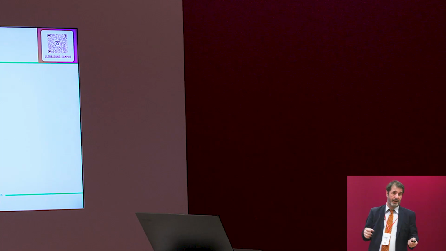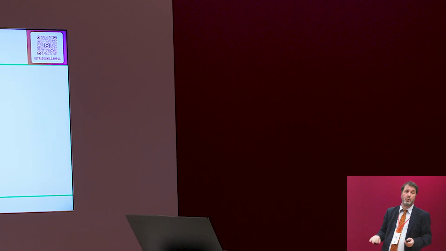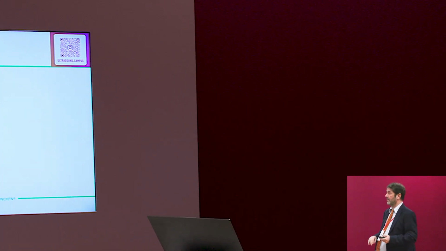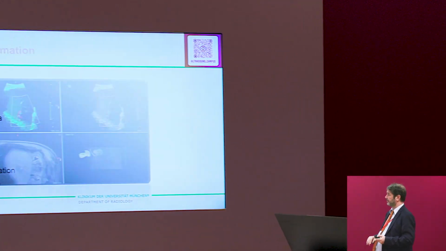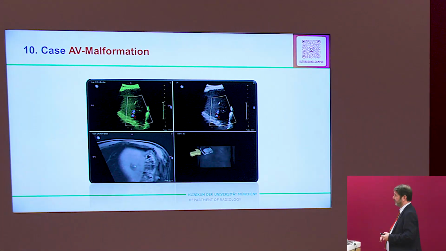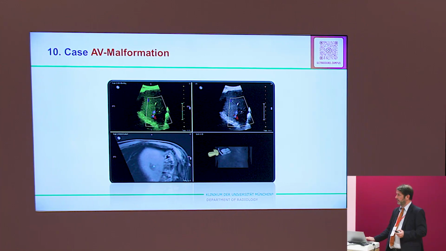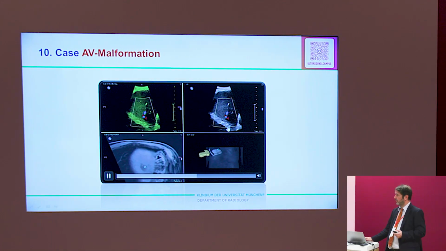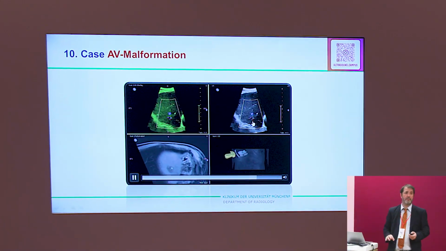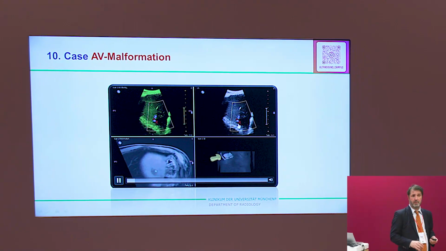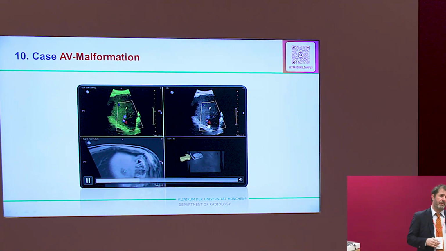But with this help, we can say no cancer, it was just a malformation. You never normally see these very strong vessels in the periphery of the liver, except when you have a pseudoaneurysm or AV malformation.